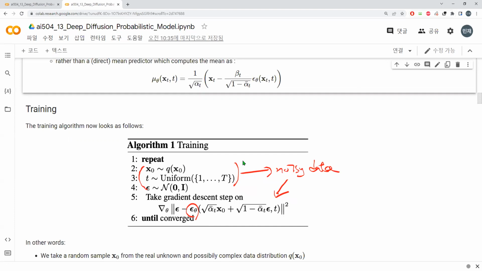This is the noisy data. This equation is for parameterizing noisy data, and these two have the same meaning. Then take a gradient descent step, and that's all, until the model converges. Done.